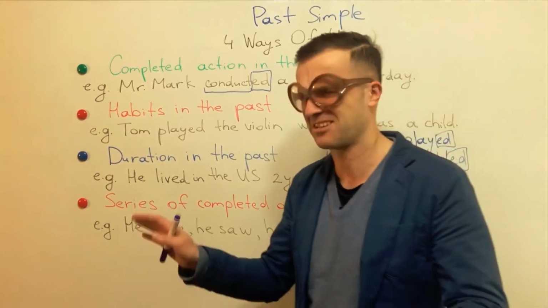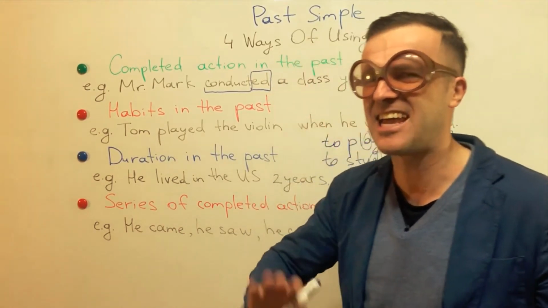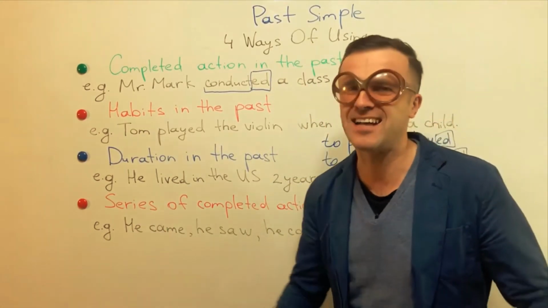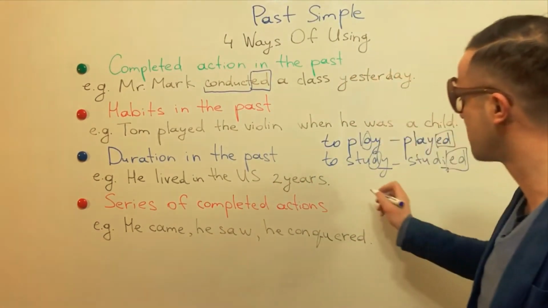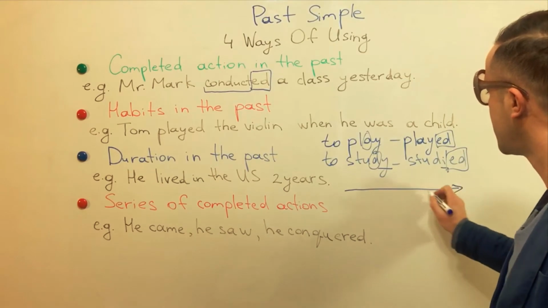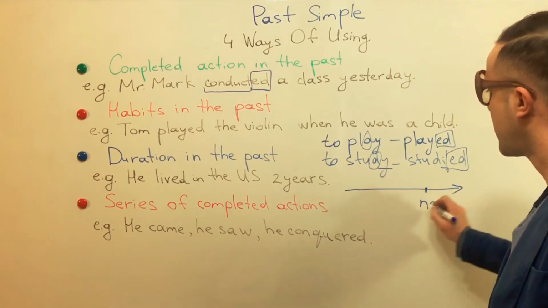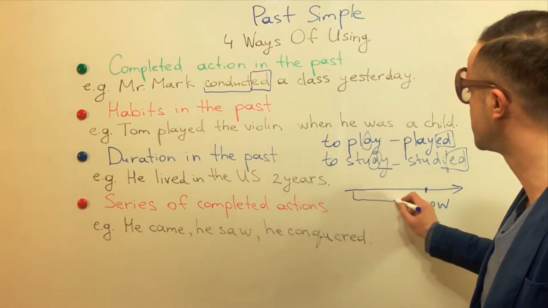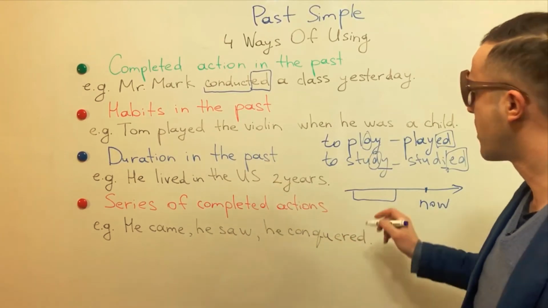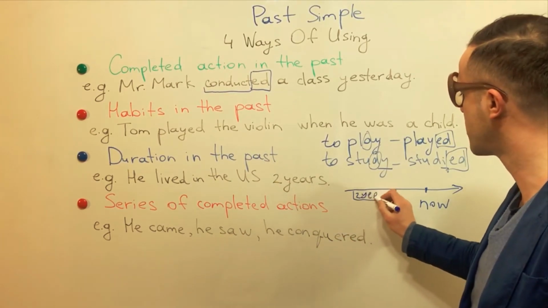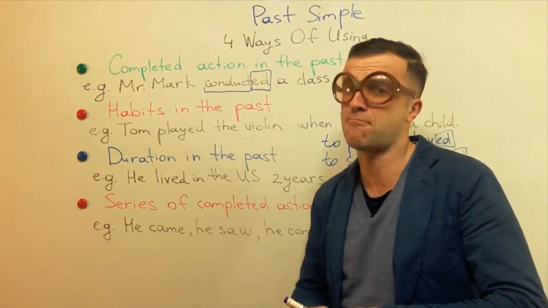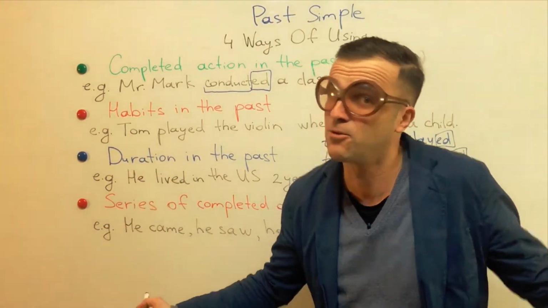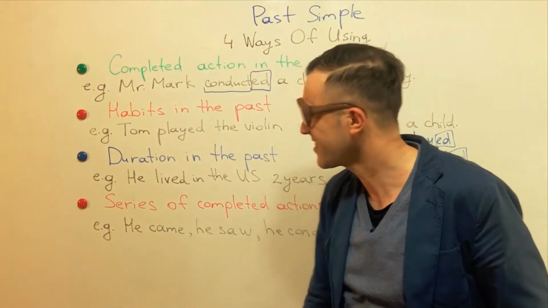Okay? He doesn't like the city anymore, and he moved to the US again. So for a certain period of time, if you don't understand this, here is now, and here's 2 years of living in the US. So 2 years has gone, and now he is, for example, in Zimbabwe. Who knows where he is?